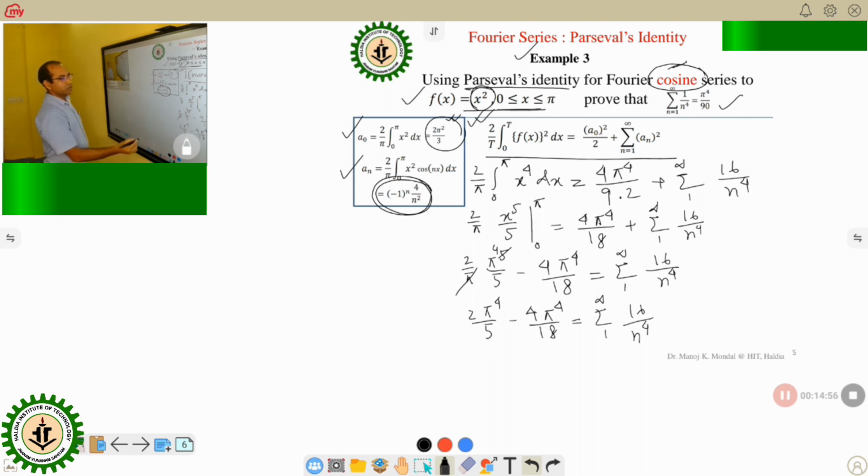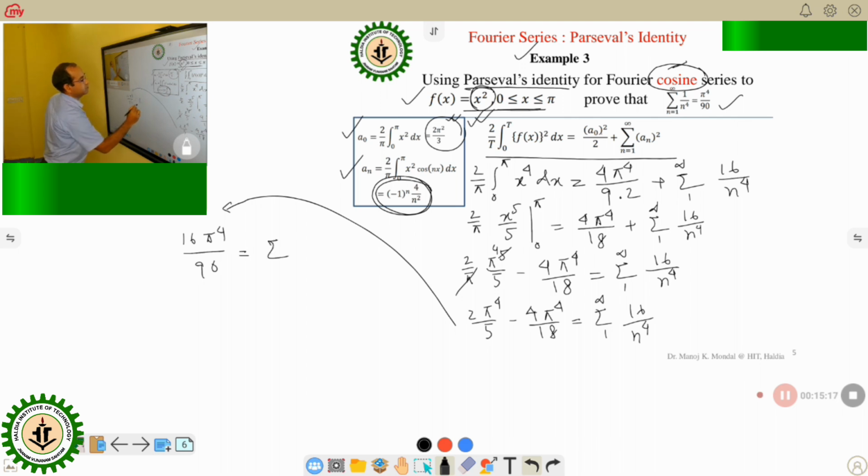Now the left hand side calculation: 36 minus 20, that means 16 pi to the power 4 divided by 90 on the left hand side, equal to summation 1 to infinity 16 by n to the power 4.